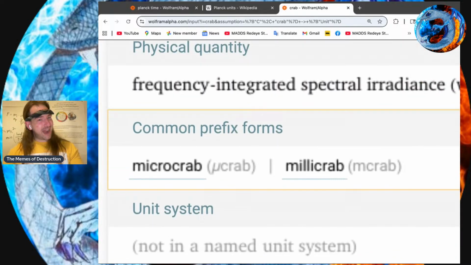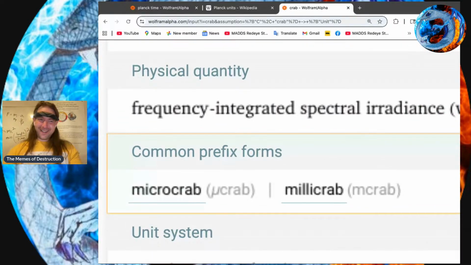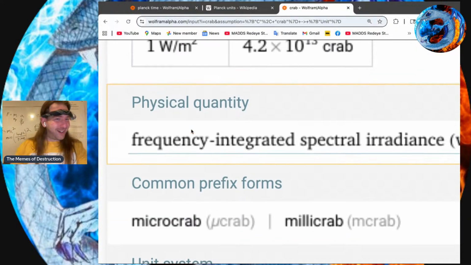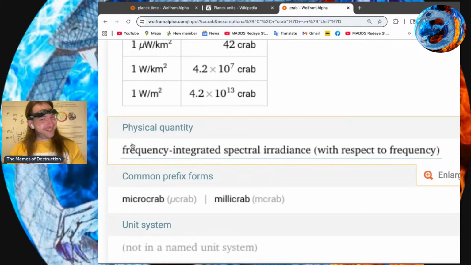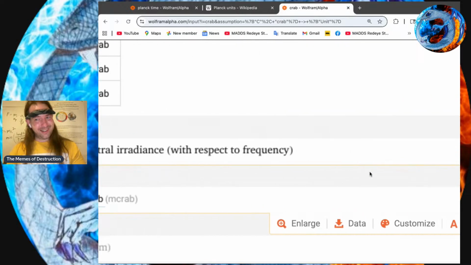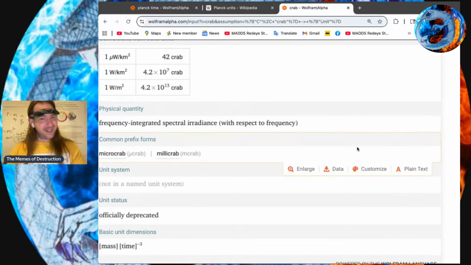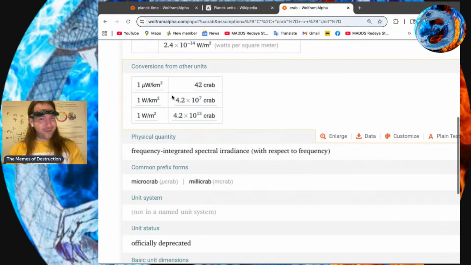Something, something crabs? I'm thinking, crabs walk a bit sideways and stuff. No, it's okay. The physical quantity is the frequency-integrated spectral irradiance with respect to frequency. But rather than saying all that, they just called it the crab.